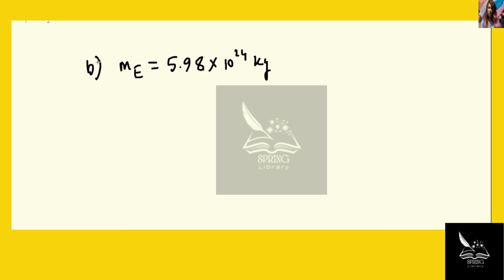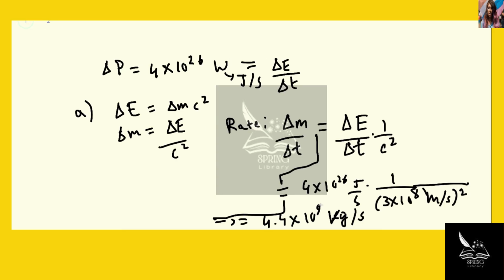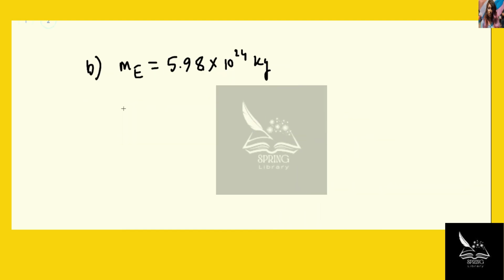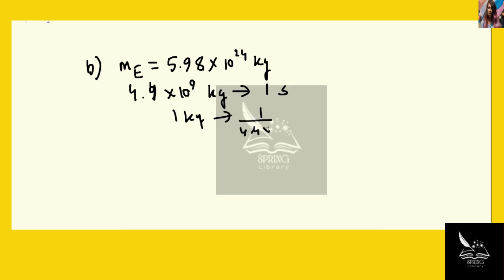Okay, and so very simply to work this out, we know from part A that 4.4 times 10 to the 9 kilograms is lost in 1 second. And so 1 kilogram is lost in 1 over 4.4 times 10 to the 9 seconds.